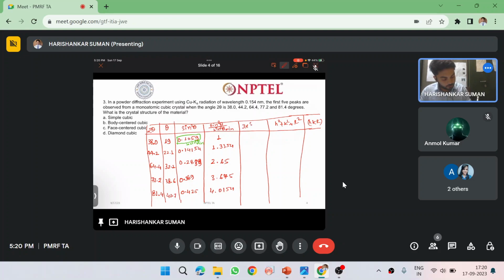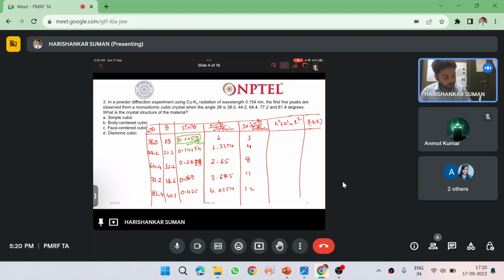Let's say sin square theta. So it will be around 3, around 4, around 8, 11, around 12.